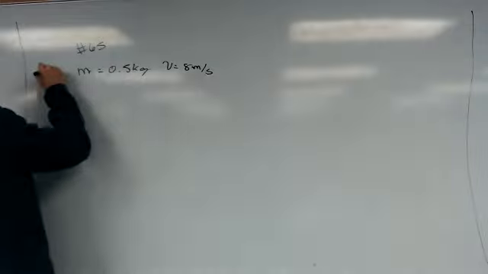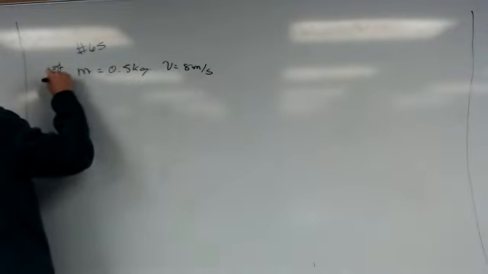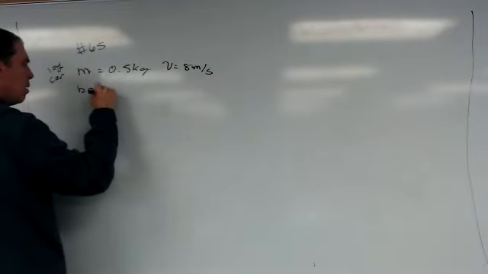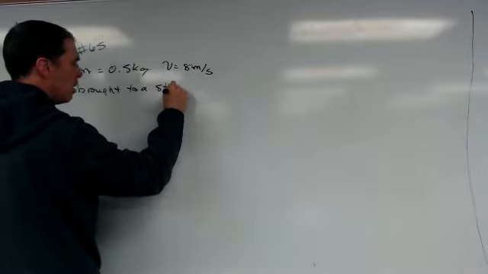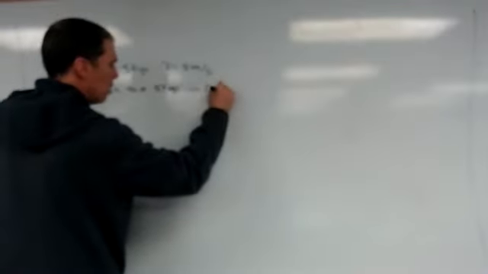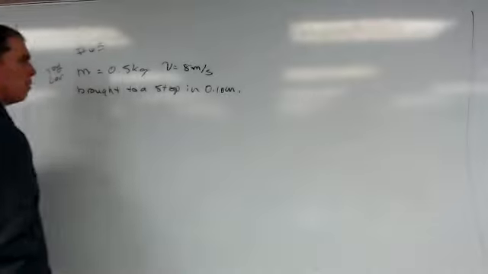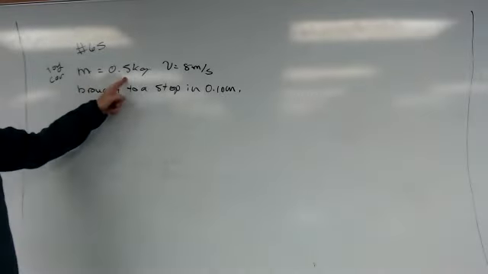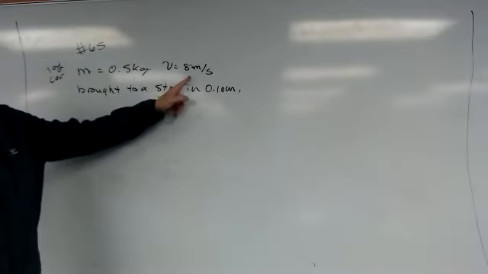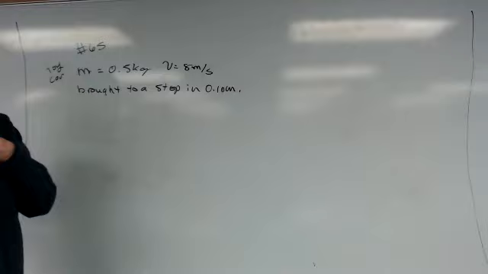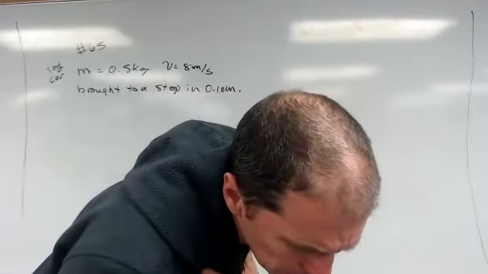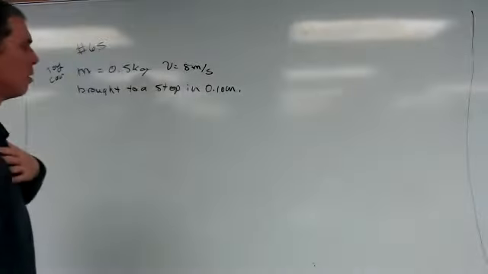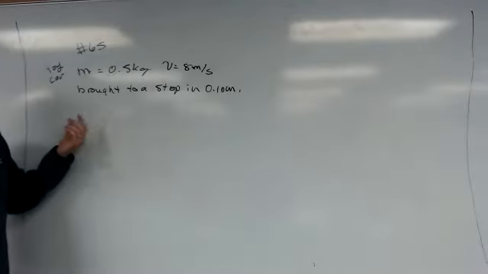So this is a toy car. A toy car of mass 0.5 kilograms and speed of 8 meters per second is brought to a stop in 0.1 meters by a constant force. What is the magnitude of the force?